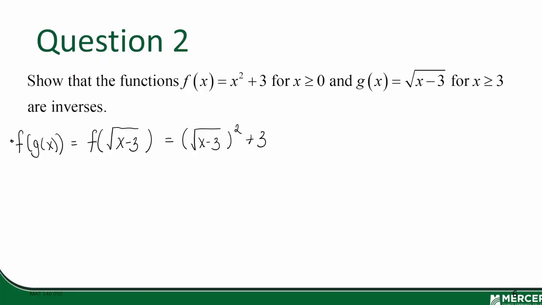So take the square root of x minus 3, square it, then add 3. When you square that square root, you just get x minus 3, right? Now you have a negative 3 plus 3. That's just 0. And you're left with x.